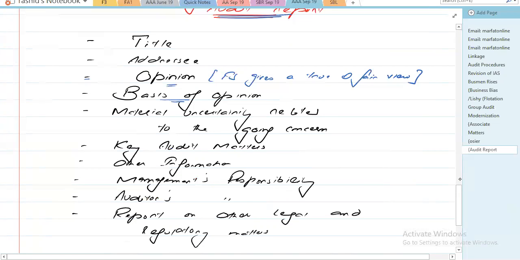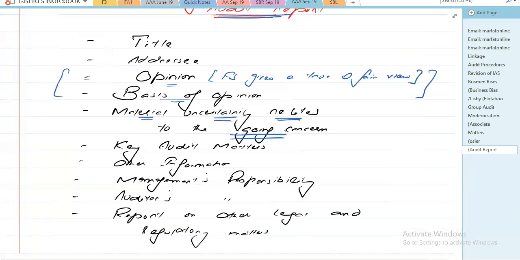The main wordings are going to be the same because this is the standard unmodified report. Now, after that, there will be material uncertainty related to the going concern. We'll be discussing this as well.